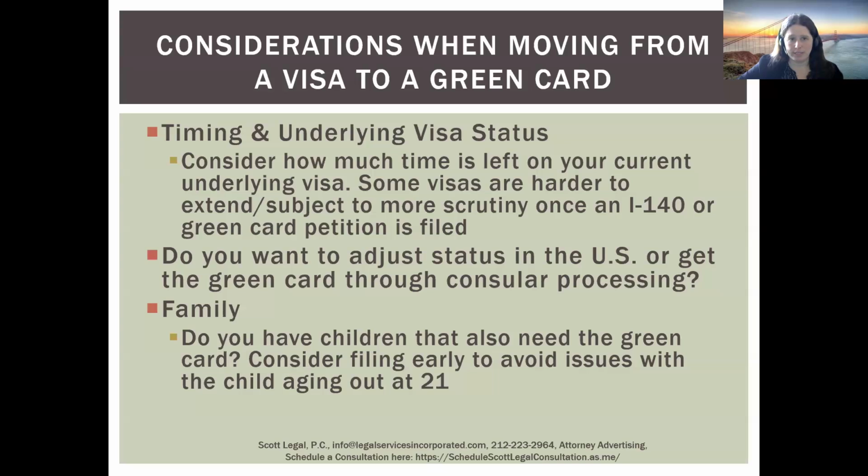For example, if you're on a TN visa and your company is doing the green card process for you, once the I-140 petition is filed, it can be very difficult to renew the TN. Because the TN has a standard for non-immigrant intent, even you could potentially be challenged, since if you're going to consular process your green card on this particular entry, you don't have non-immigrant intent.